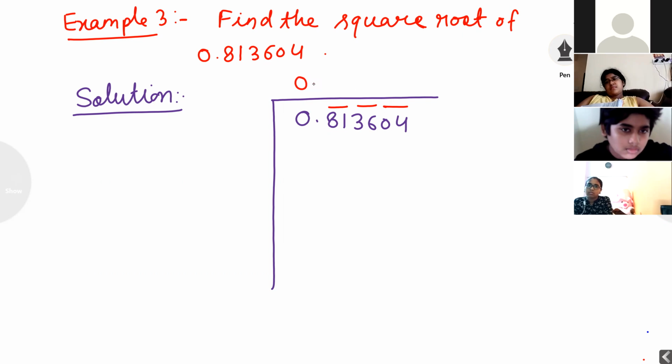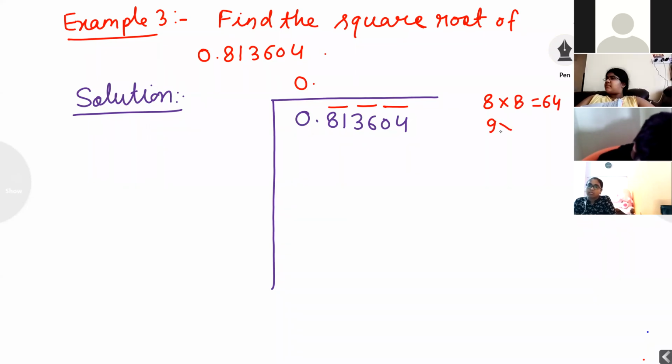Now, you are observing that since a decimal is there, I mention 0 point. Why? Because a decimal number is there. Now the first pair is 81. The squared value I take will be less than or equal to 81. Suppose I take 8 into 8, 64. If I take 9 into 9, it is 81.